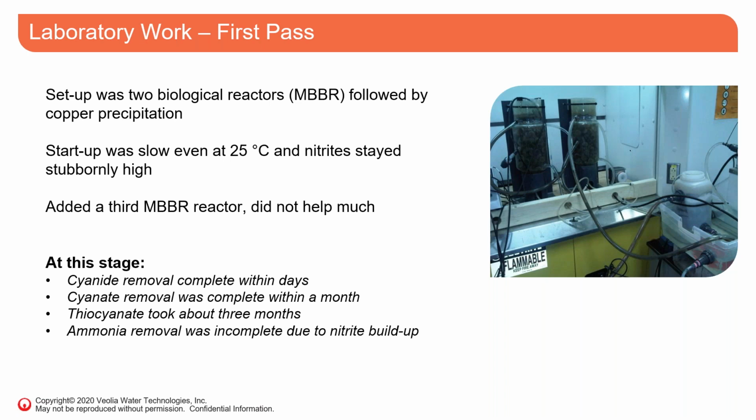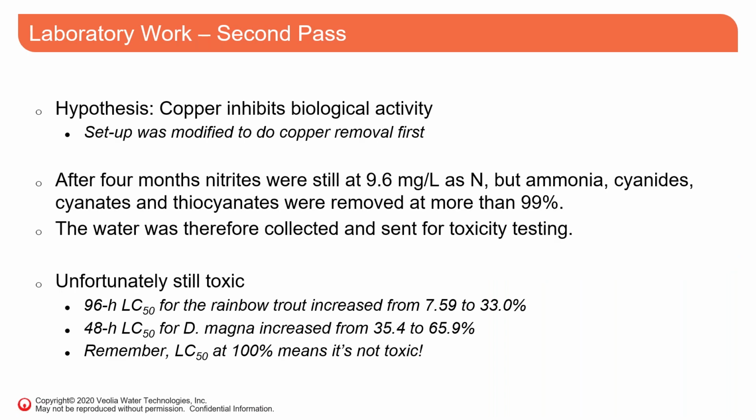But the ammonia removal was incomplete, because for some reason there was a nitrite buildup in the reactors, and these nitrites were creating an inhibition to ammonia removal from nitrite to nitrate. So what was the hypothesis?